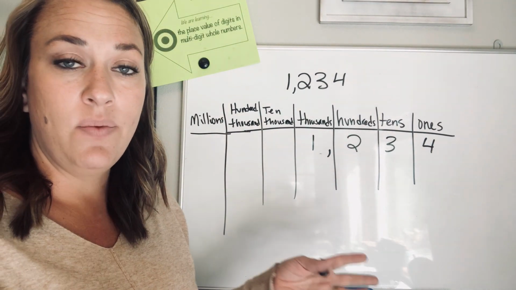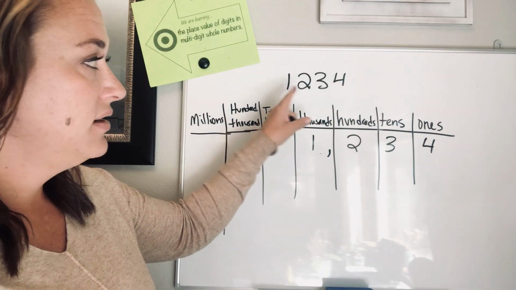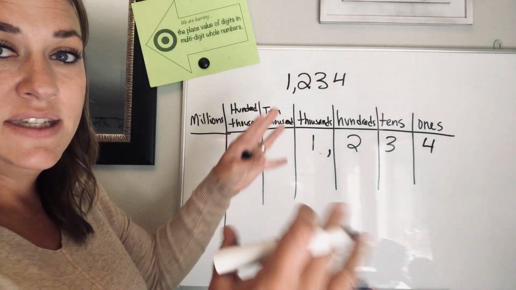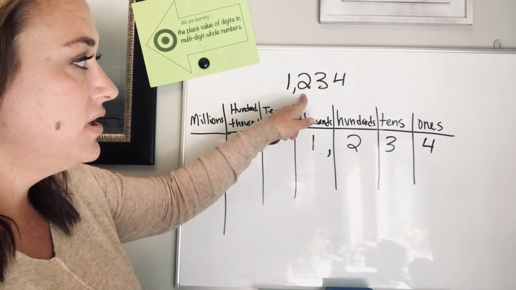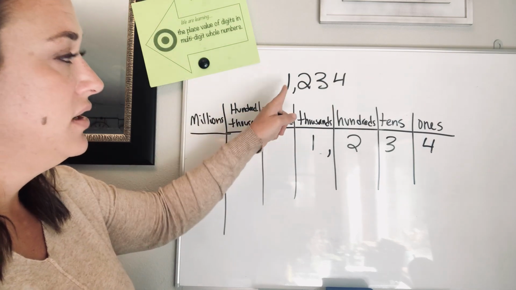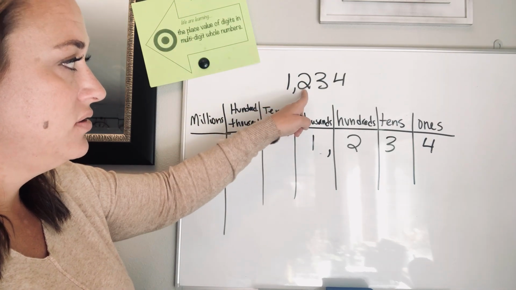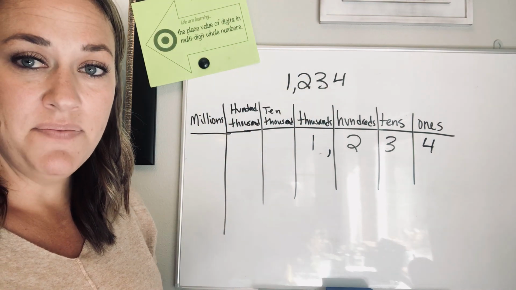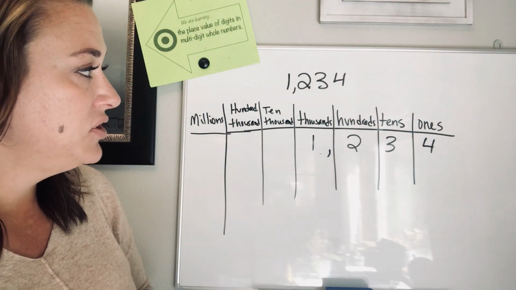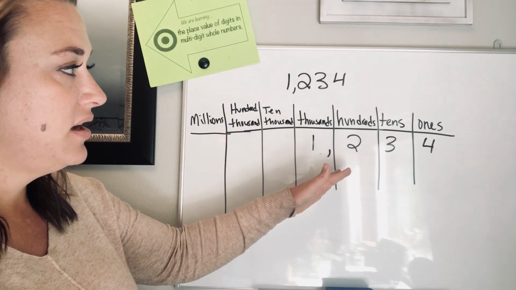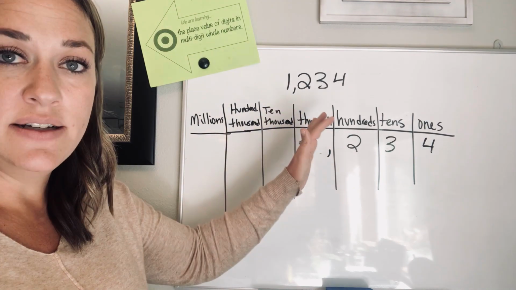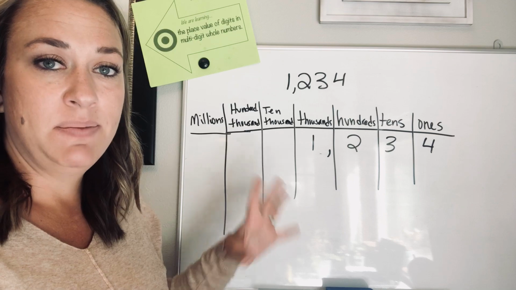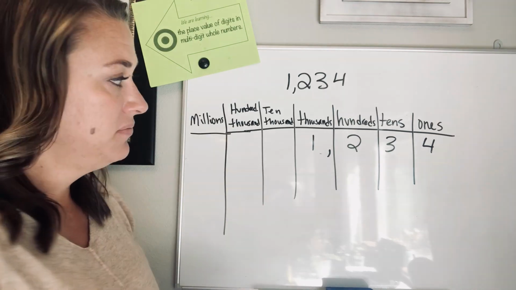Now we have 1,000, and these 3 digits we read together as 234. So this is 1,234. Being able to place those digits here allows us to see that it's not just a random line of numbers, but they each have a certain value.